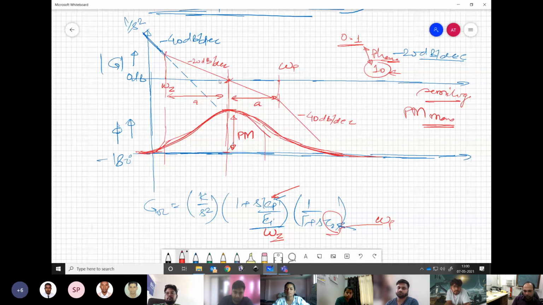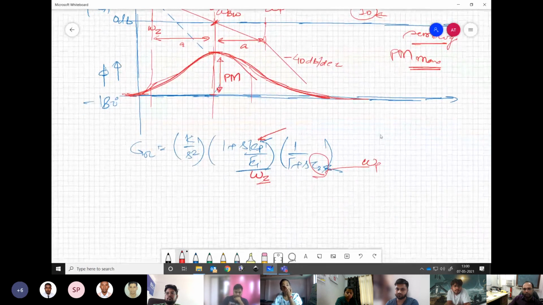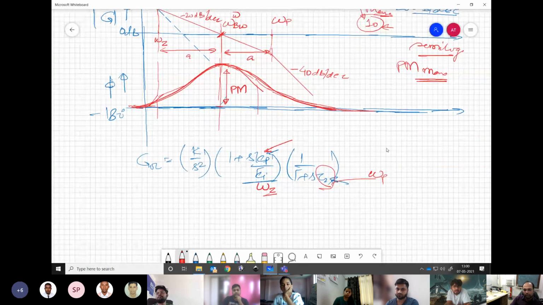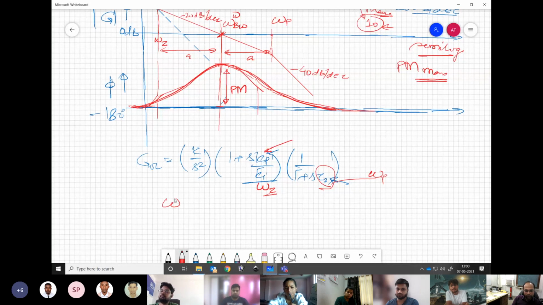Understanding my point? So how we are placing these frequencies, let me call this 0 crossing as omega bandwidth of speed. So some of you may question why we are calling that omega bandwidth of the speed loop. That we will discuss in the next class. But let us quickly see what is there for us. So with this, when we are symmetrically placing, we have this relationship A equal to omega pole by omega bandwidth of speed loop, and that equal to omega bandwidth of speed loop divided by omega 0.